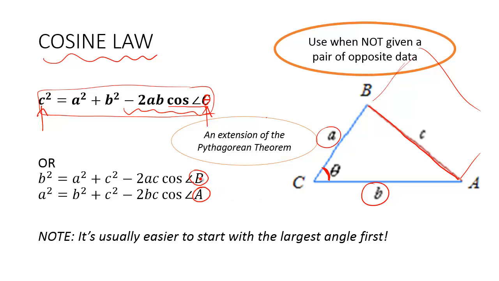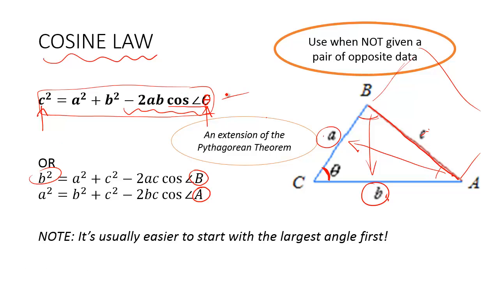However, it depends on the angle that you're looking from. So if you're looking from angle B, then your answer is going to be b squared equals a squared plus c squared minus the extra bit. And from A, it's going to be a squared equaling the other two sides minus the cos term.